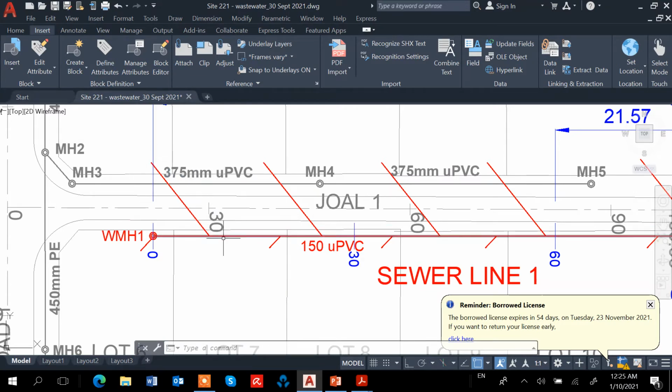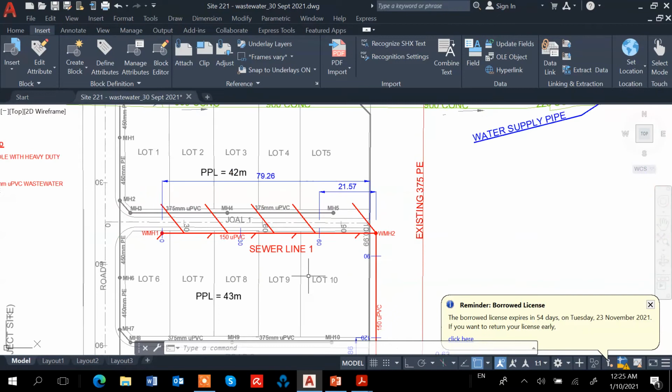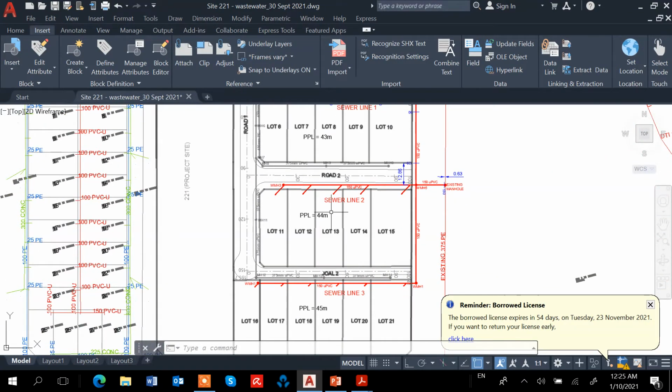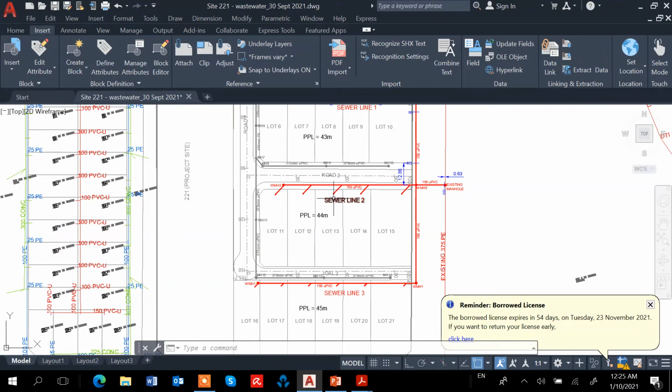So we need to provide a connector pipe for each lot so that the grey water from the toilet, from the kitchen, from the basin can go into the sewer pipe. We have already calculated the size, so 150 is okay for all the lines.